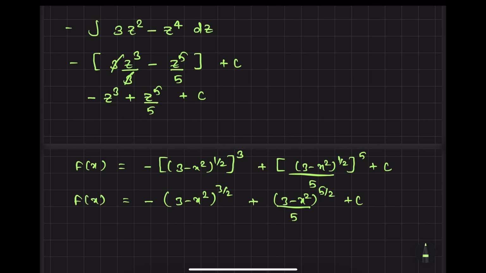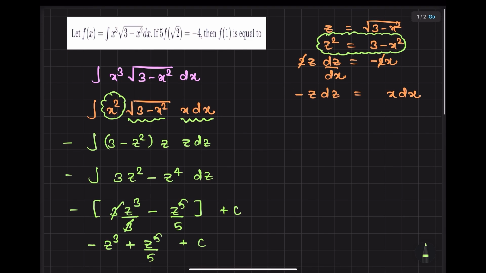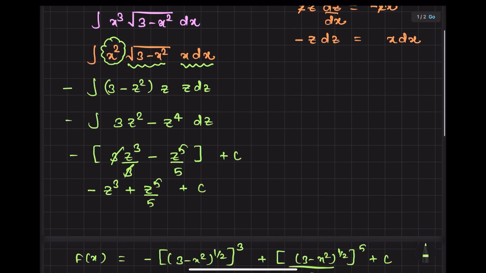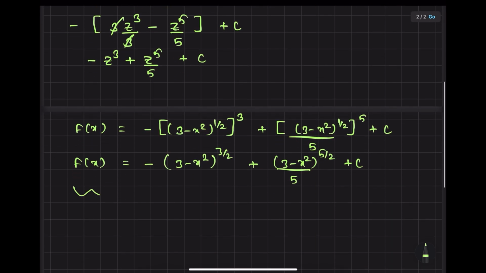Now look at this. We have to find the value of f of 1. Before finding the value of f of 1, you should have the proper f of x. Why am I talking about proper f of x? Because you don't know what c is. So first you have to find the value of c.